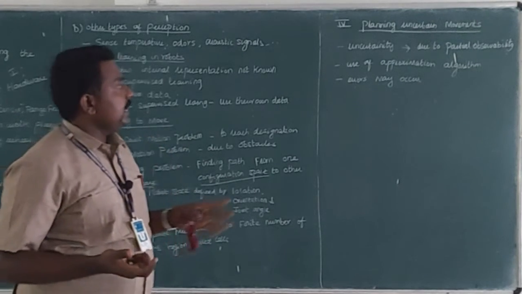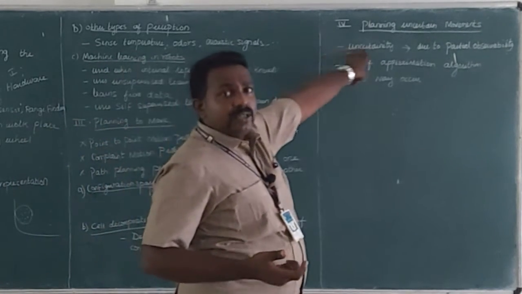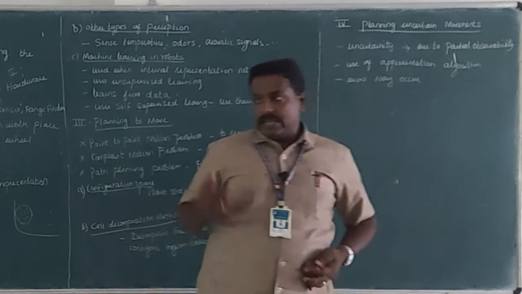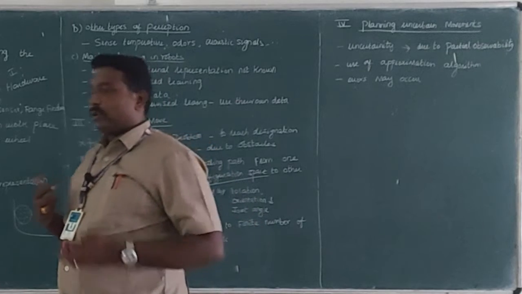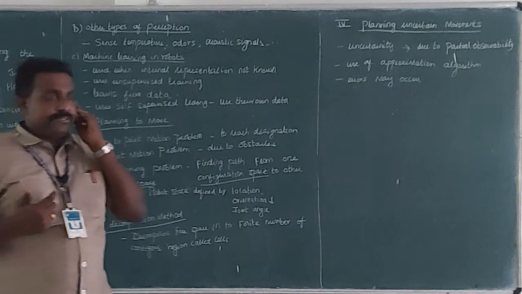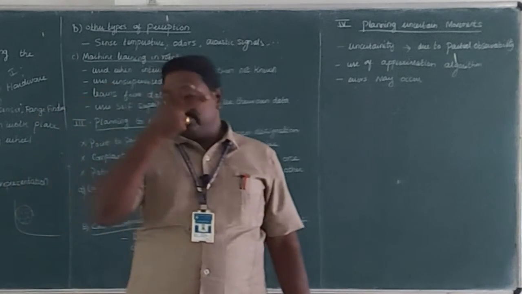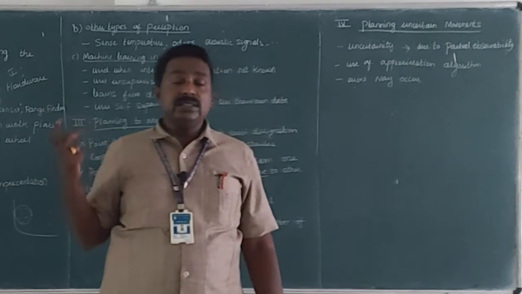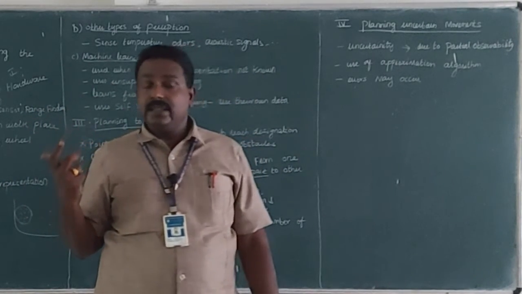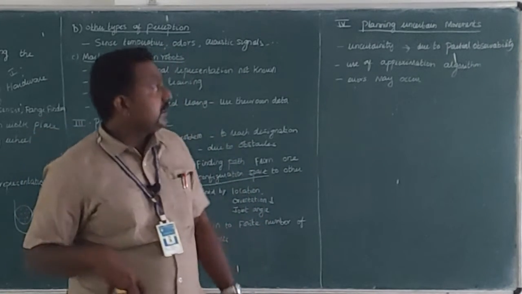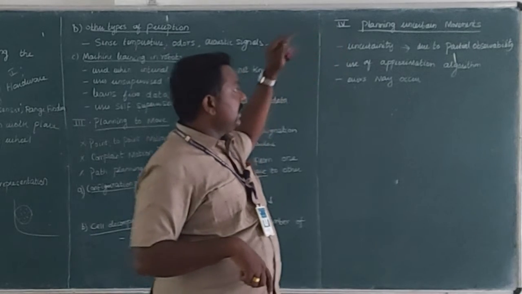Uncertainty is due to partial observability. If I assume myself to be a robot sensing the information of this environment with the help of my camera, what happens if my camera gets dirty? I couldn't see anything. What happens in the real world? In this situation, how should I behave? That is called planning during uncertain movements.